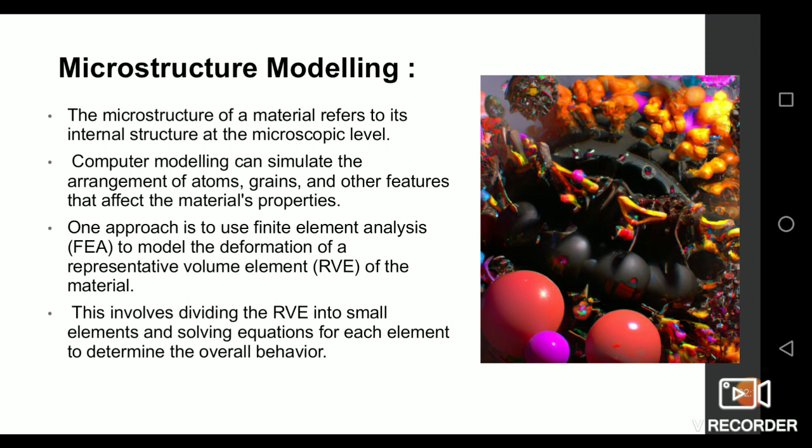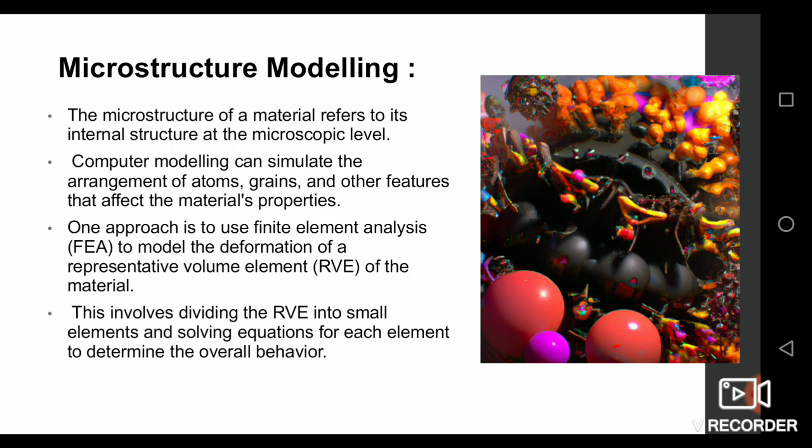microstructure modeling. The microstructure of a material refers to its internal structure at a microscopic level. Computer modeling can simulate the arrangement of atoms, grains, and other features that affect the material properties. One approach is to use finite element analysis to model the deformation of a representative volume element, also known as RVE, of the material.